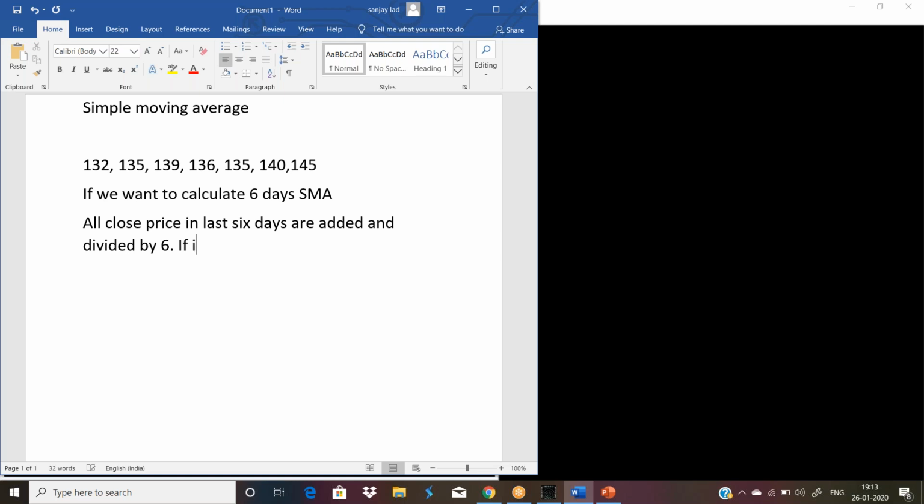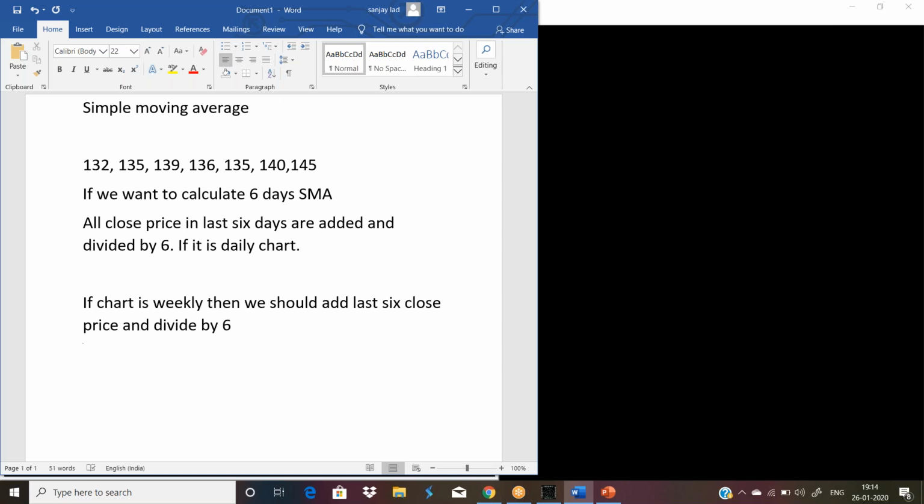If it is a daily chart, and if the chart is weekly, then we should add the last 6 close prices, meaning weekly close prices, and divide by 6.